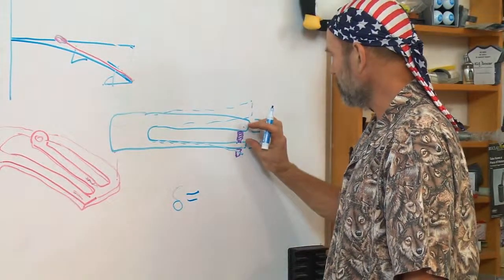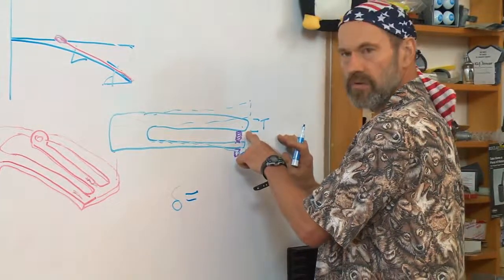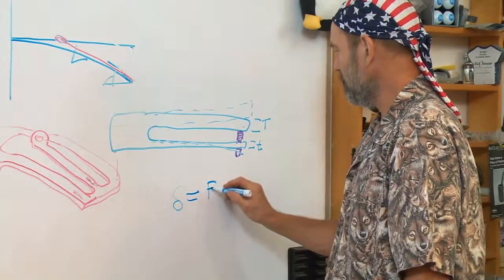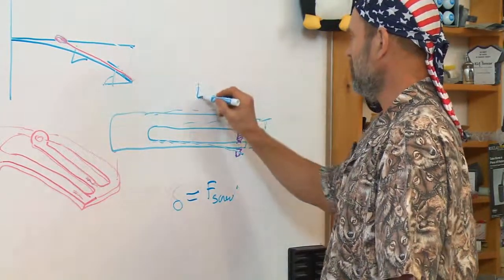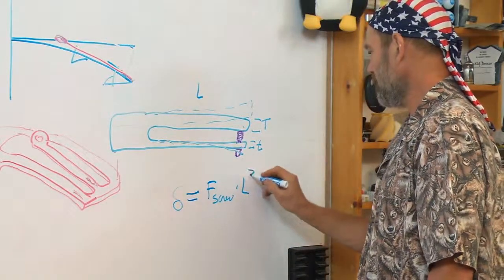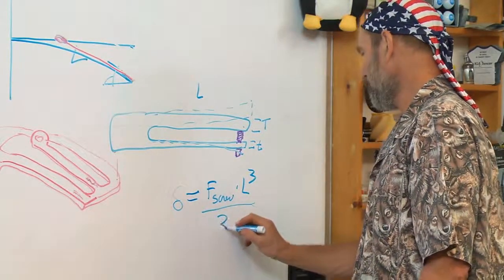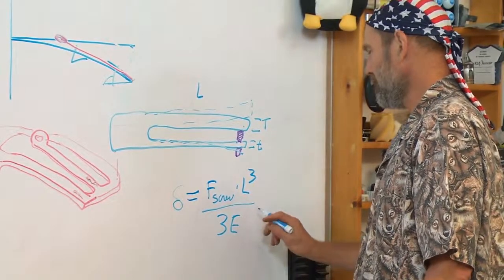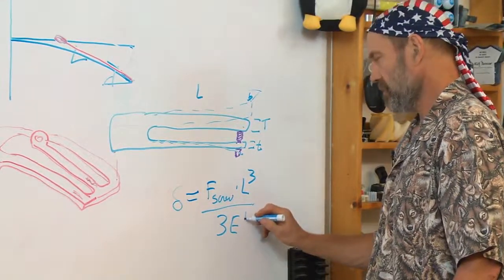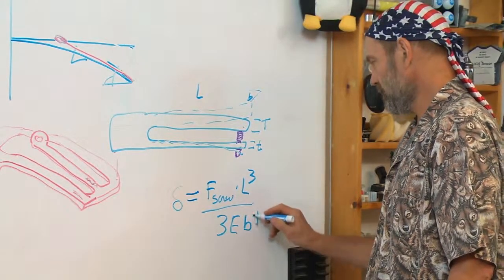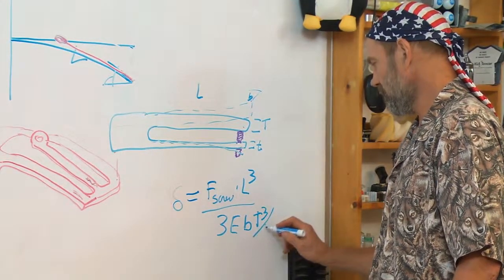Well, it's going to be the force from the screw times L cubed over 3E, and now the width of the beam, B, times T cubed over 12.